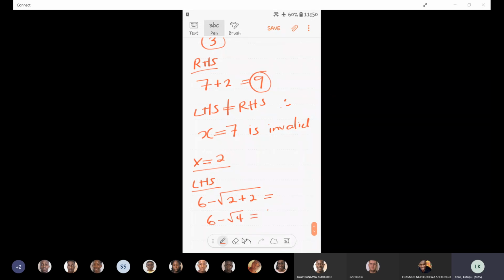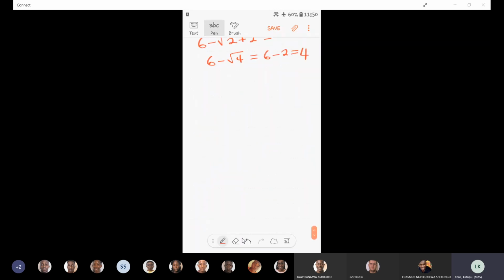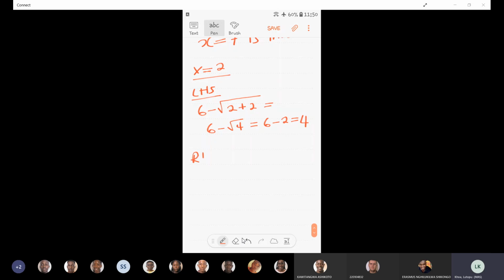This is equal to 6 minus 2, and this is just equal to 4. Now I need to check on the right hand side. I have x plus 2, so that's just 2 plus 2, which is equal to 4. Then comparing the two sides, you can see that the left hand side is equal to the right hand side. Therefore, x equal to 2 is a solution.